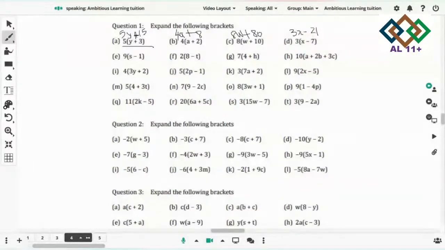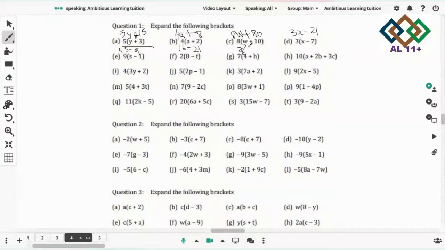So now for number E, you have to be careful because you have a minus there. You will open the bracket the same way, but you will put the sign minus. So number E would be 9s minus 9. Now the same thing will be here. 2 multiplied by 8 is 16 minus 2t. G, you will multiply 7 multiplied by 4.